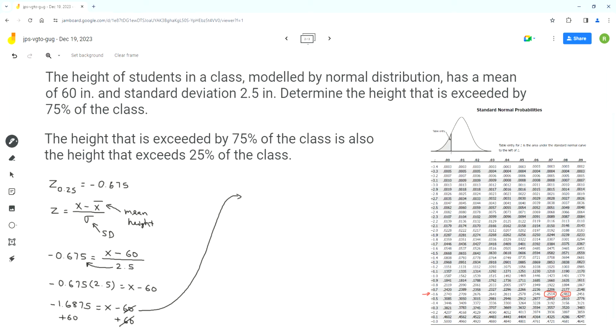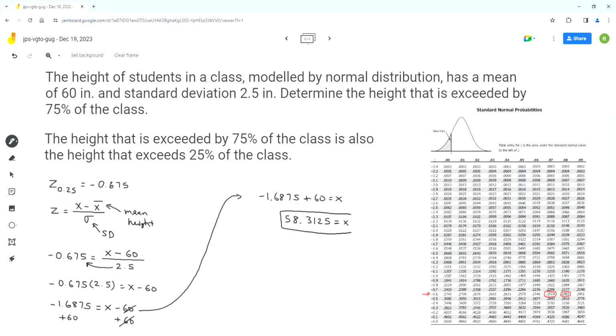And now we are left with negative 1.6875 plus 60 equals x. Now we can combine these numbers on the left side. This is the height that we are looking for, that is exceeded by 75% of the class.